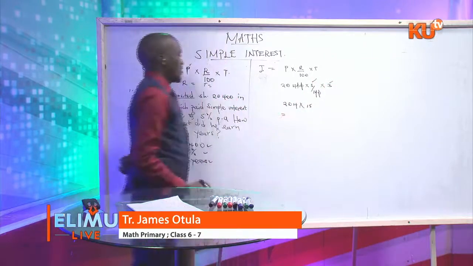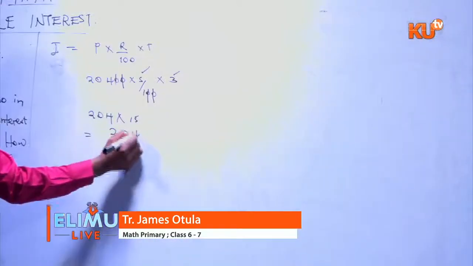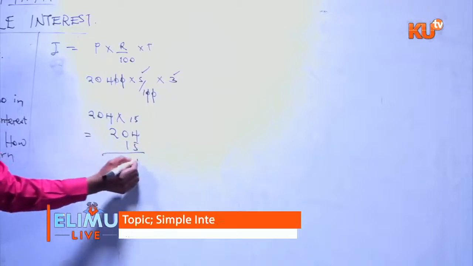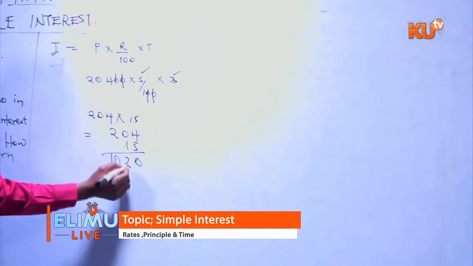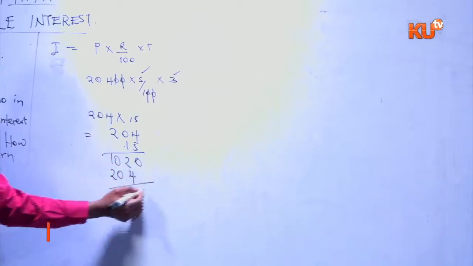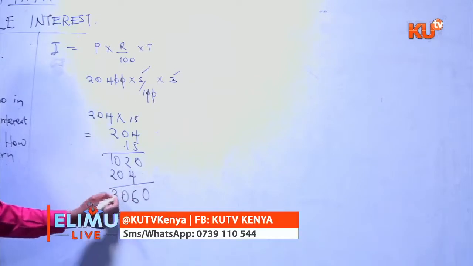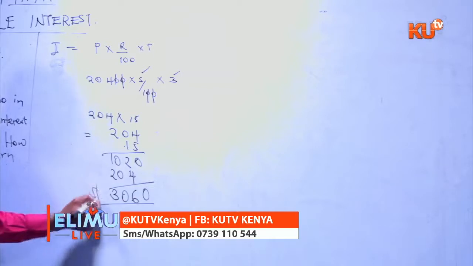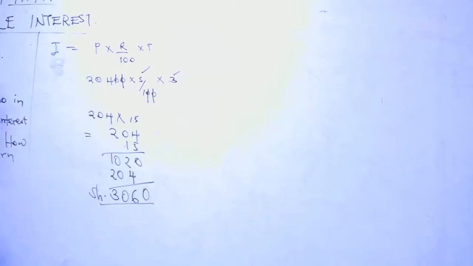You multiply 204 times 15. Here you get 0, 2, that is 10. Here we get 4, 0, 2. Then you add everything. You get here 6, 0, 3. So our interest becomes 3,060 shillings. And you give yourself a clap.